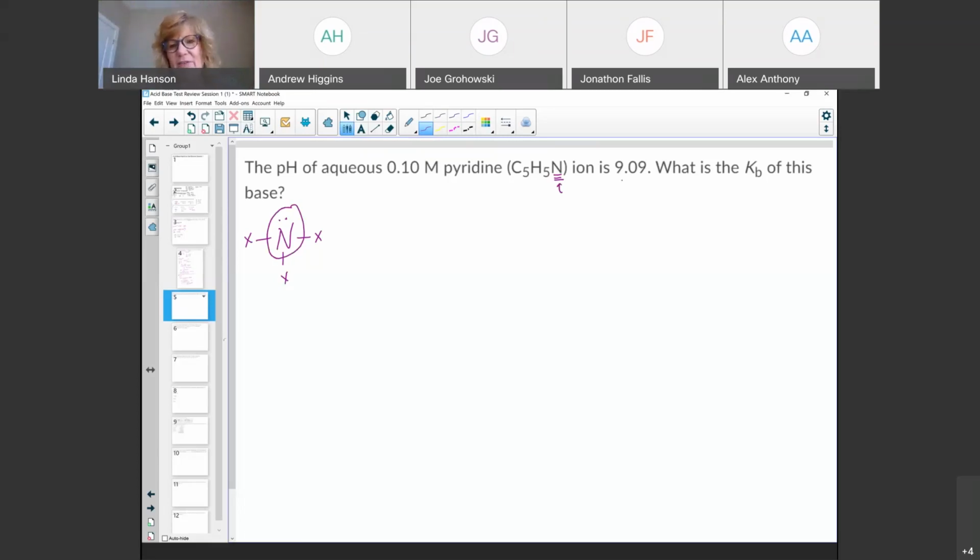Not to mention it's giving me a base pH number and it's asking me about a KB. So all of that information is useful to know. Pyridine is a weak base. When I write out my equilibrium, oftentimes I just take a shortcut and instead of writing C5H5N, I just let B represent base.